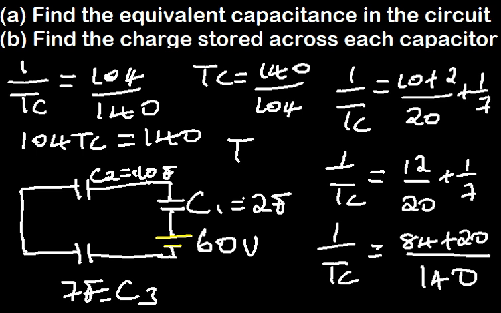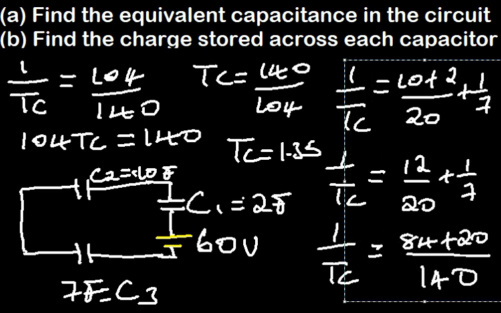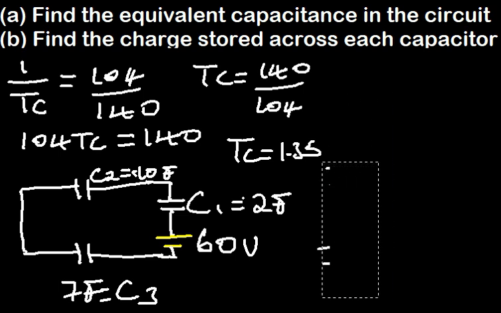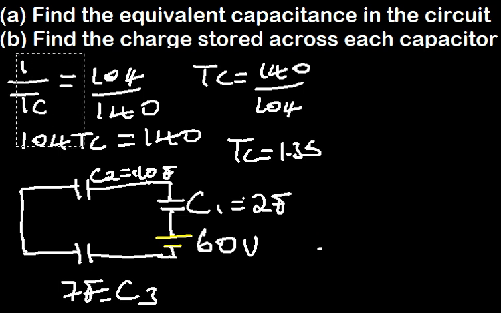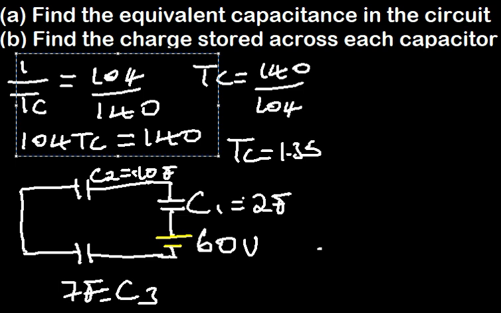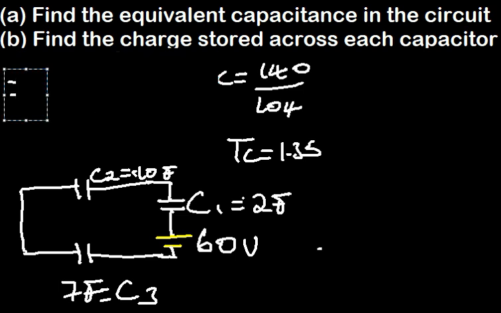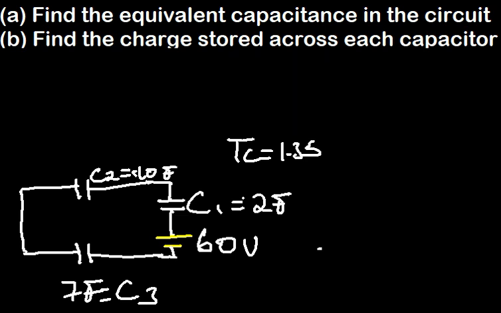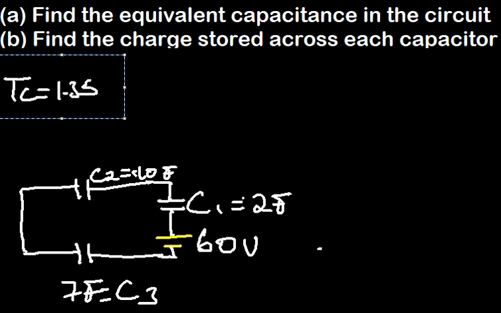So the total capacitance is 1.35 farad. Now we have the total capacitance. Next, we have to calculate the charge stored across each capacitor.